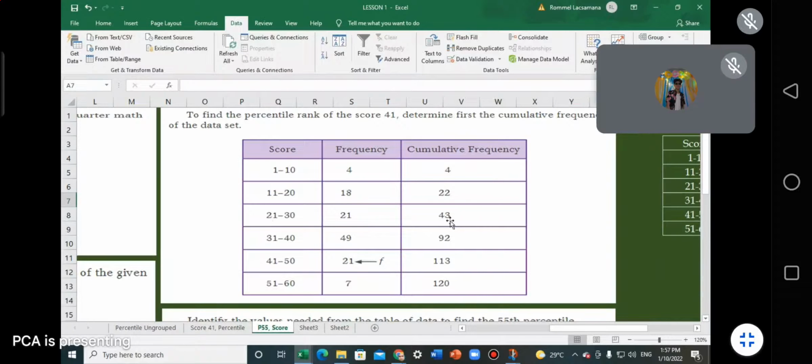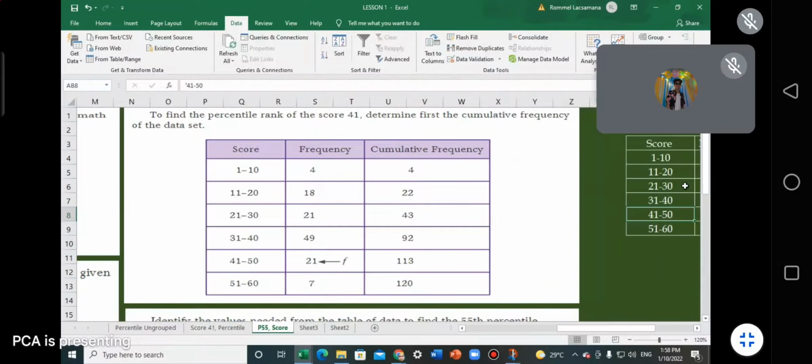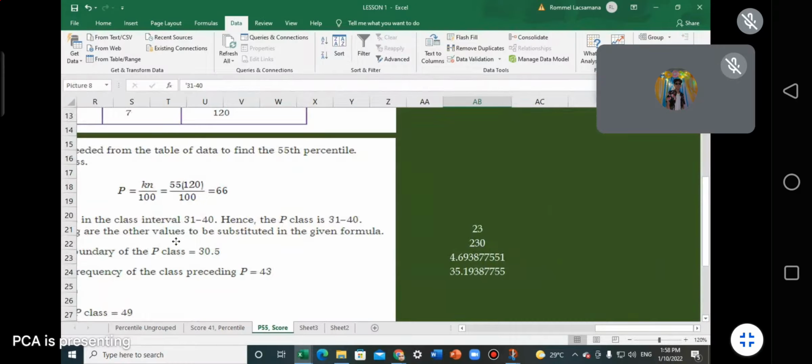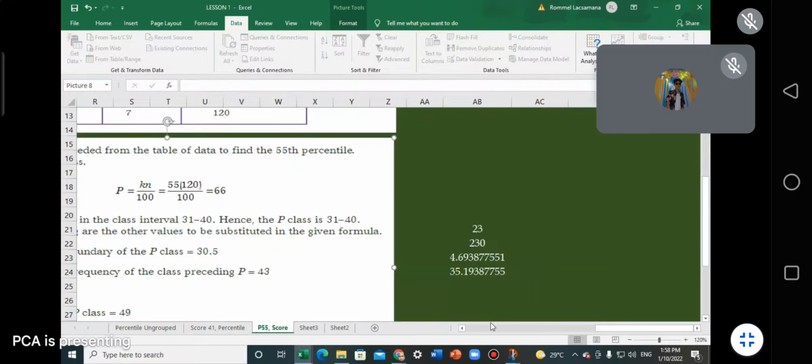In the third row class, it's not there anymore. 43 is telling us it's 43, 66 dapat. So this class now is your basis. This is your percentile class. Nakuha? That is why it's telling P66.